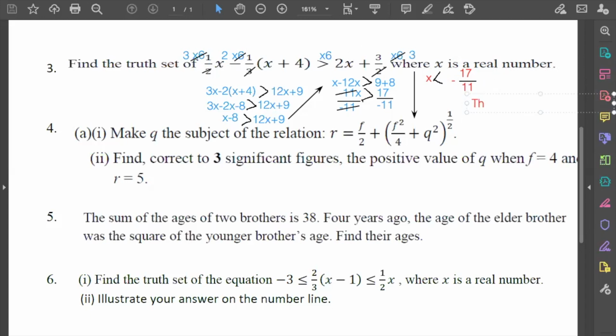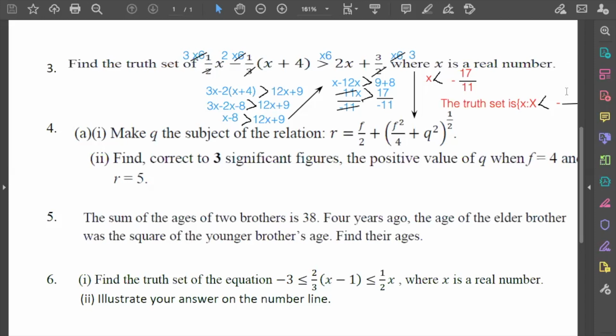The truth set is, and then I bring my column x such that x is less than negative 17 over 11. X is less than negative 17 over 11.